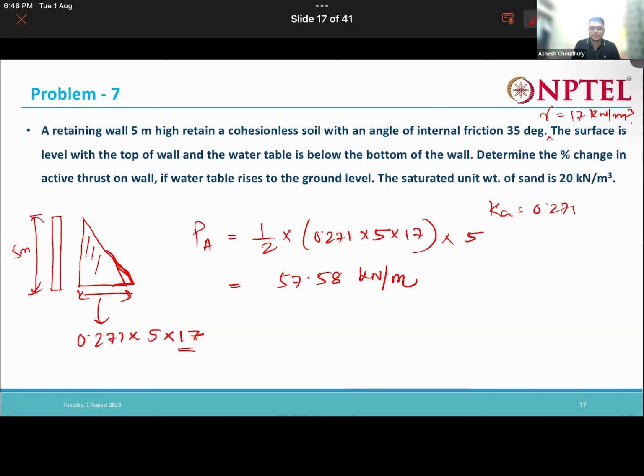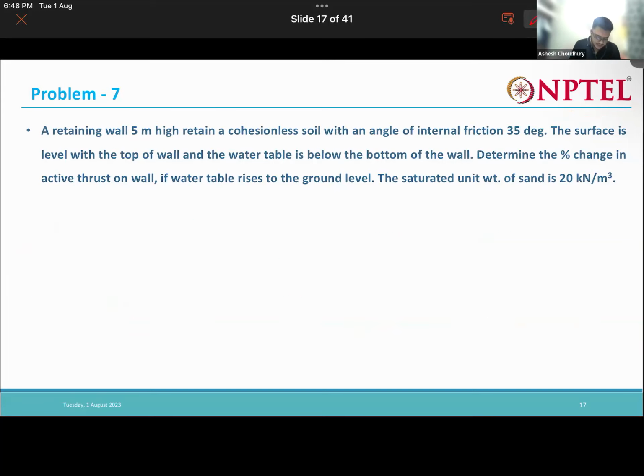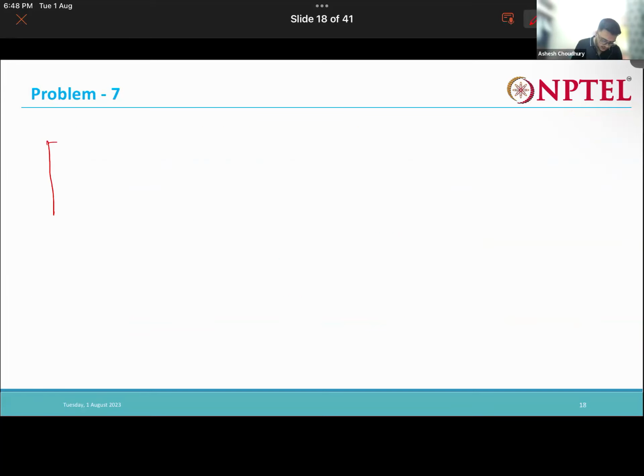Now the saturated unit weight is given as 20. So let us find out the submerged unit weight. It is nothing but 20 minus 9.81, 10.19 kilonewton per cubic meter. Now in the second case the backfill is completely submerged. Okay, the water table is at the top.